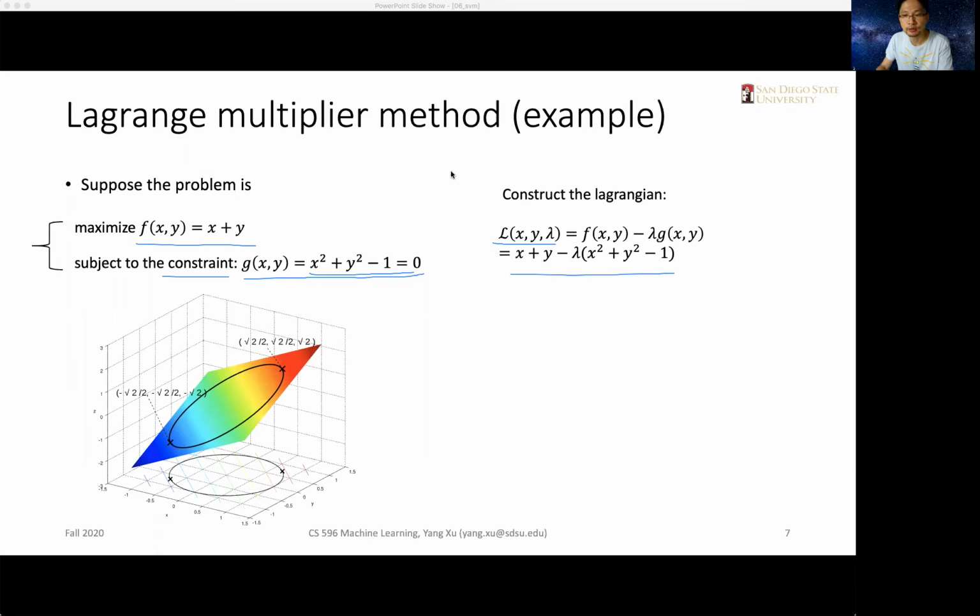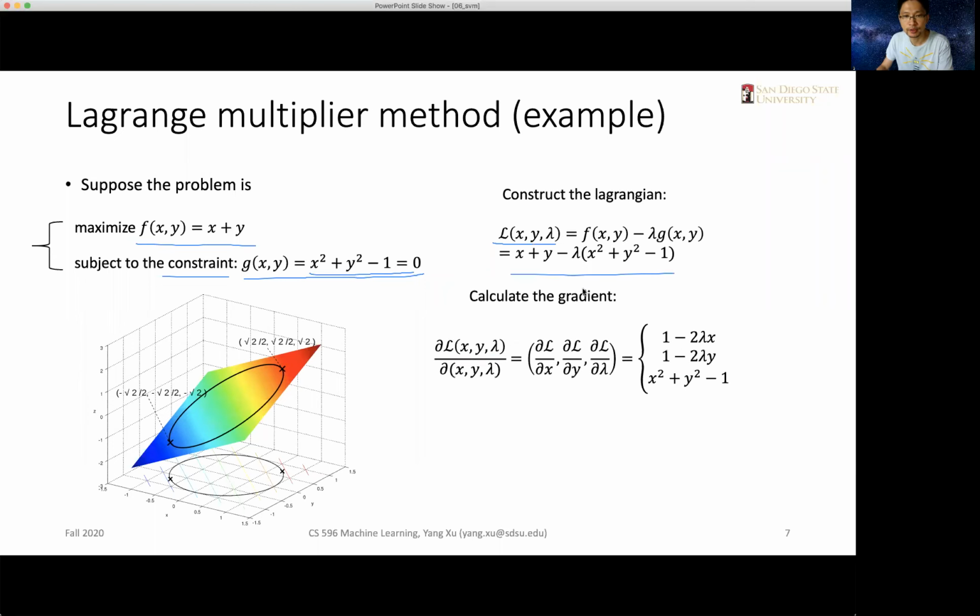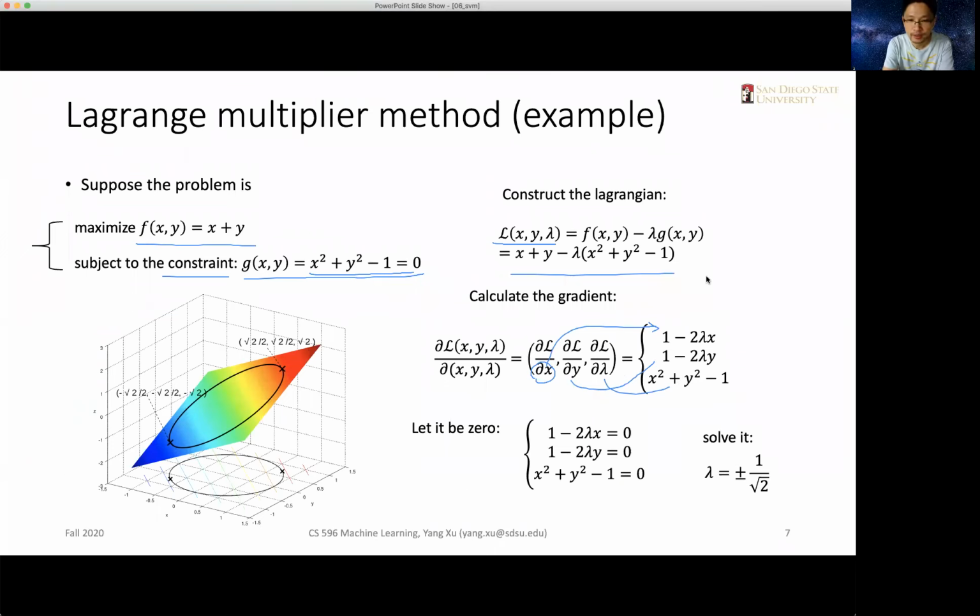And then we take the derivatives of this Lagrangian with respect to all 3 variables, x, y, and lambda, and make them 0. When we take the derivatives with respect to x, then y and lambda are treated as constants, and similarly for y and lambda. So we have these 3 equations, and we solve them.